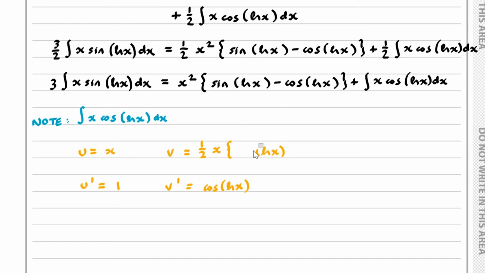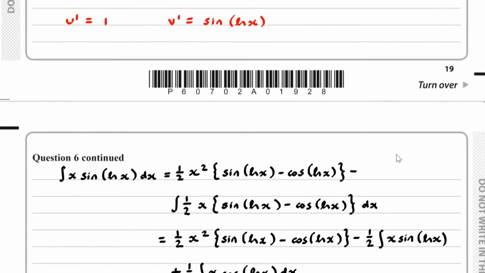Actually, we'll write this as sine of the natural log of x plus the cosine of natural log x. So now we need to integrate this.